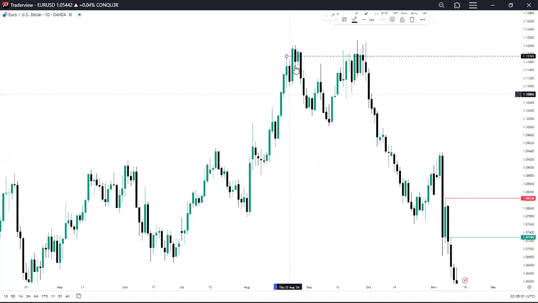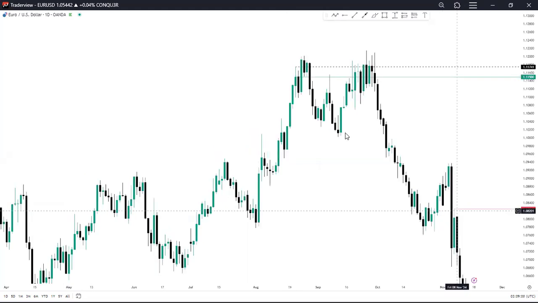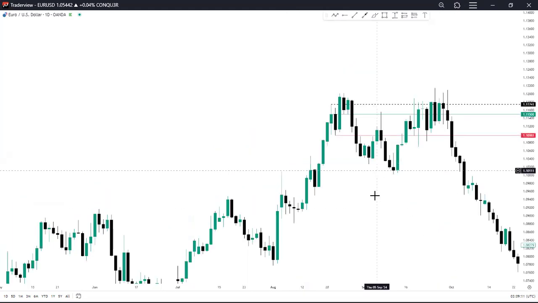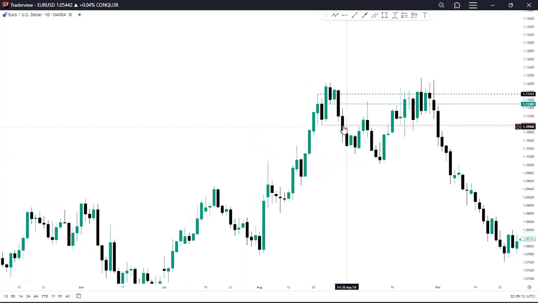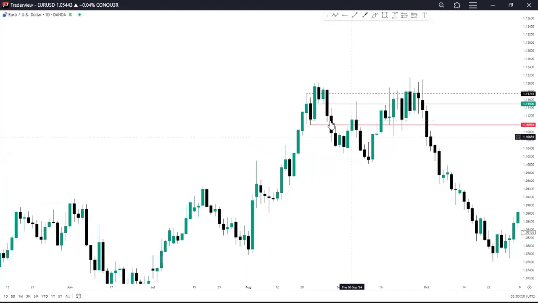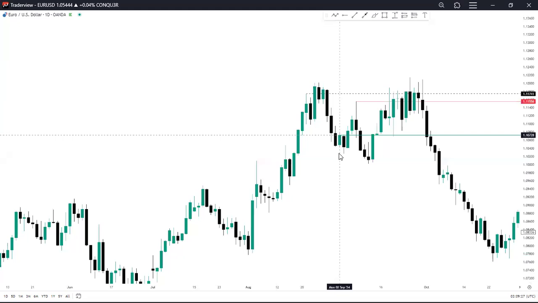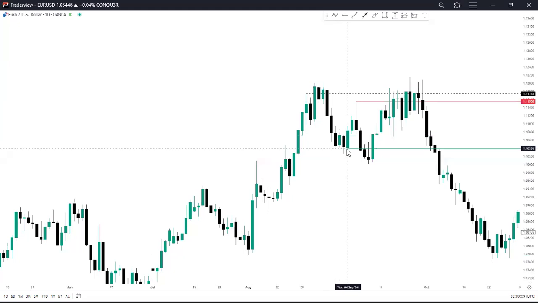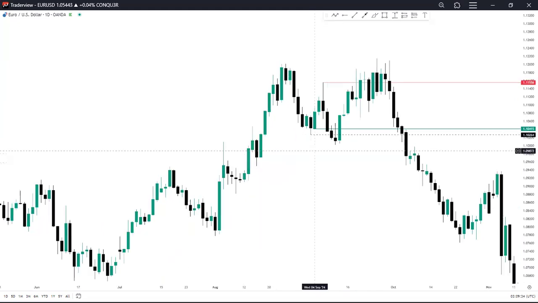So here the market was able to perform the market structure break. So we had this as our validation point and this as our invalidation point. After the market was able to close below the invalidation point, the market was able to perform a shift. But after performing a shift, the market again gave us this as our invalidation point, and this as our validation point, and this as our market structure break point.